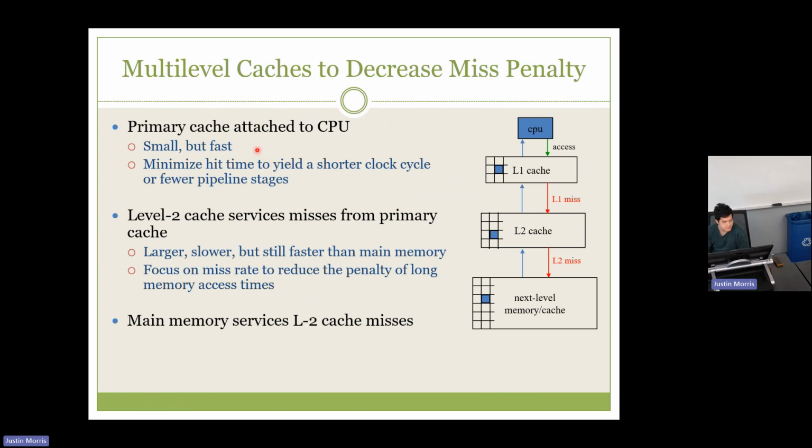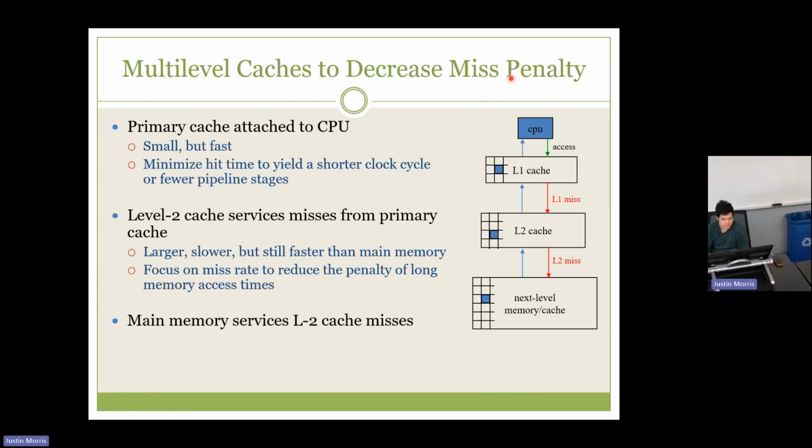So we have the primary cache attached to the CPU. It is very small, but it is very fast. This minimizes our hit time to have a shorter clock cycle for these fewer pipeline stages, right? But we have a small cache, so we might have a lot of misses.